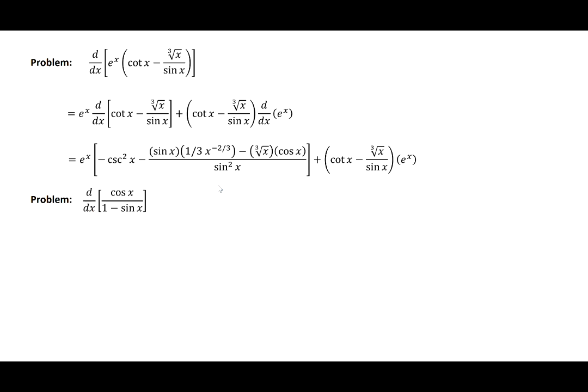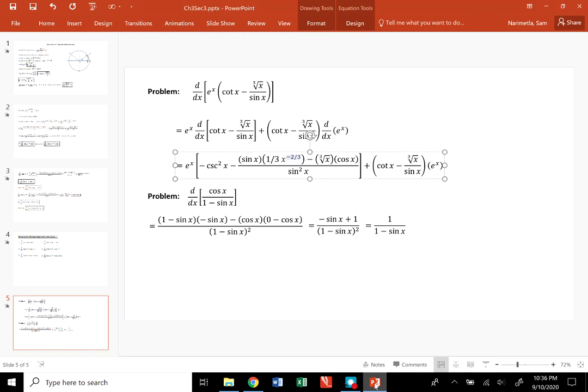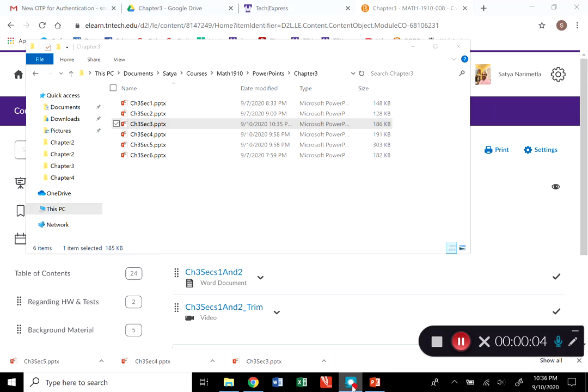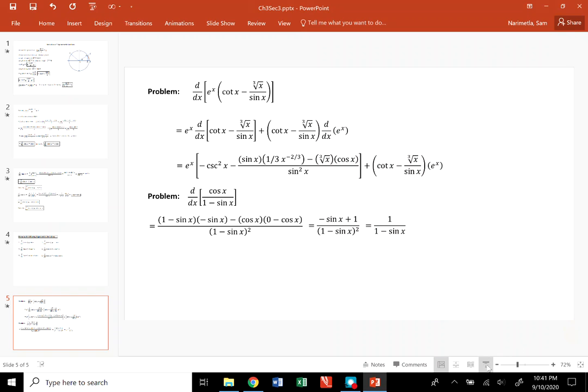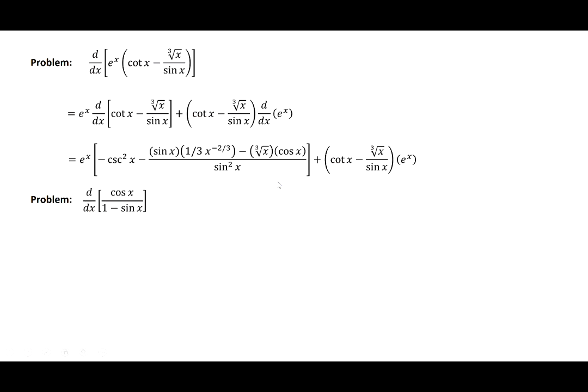And now d dx of cosine x over 1 minus sin x. Let me pause here for a second. All right, I'm back. Let's look at the derivative of cosine x over 1 minus sin x.